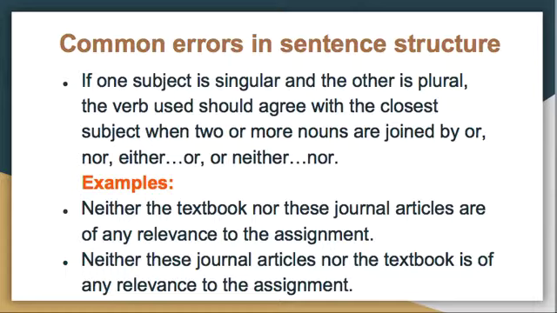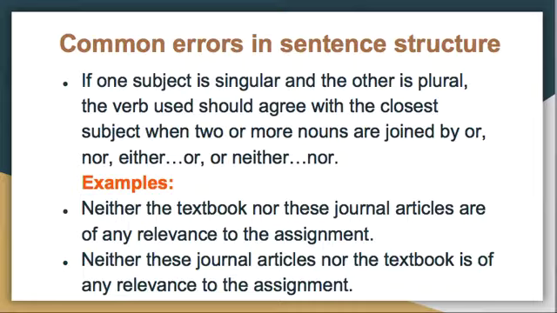So if one subject is singular and the other is plural, the verb used should agree with the closest subject when two or more nouns are joined by or, nor, either, or neither, nor. So when one subject is singular and the other is plural, you need to use the form of the verb that is correct with the closest subject.